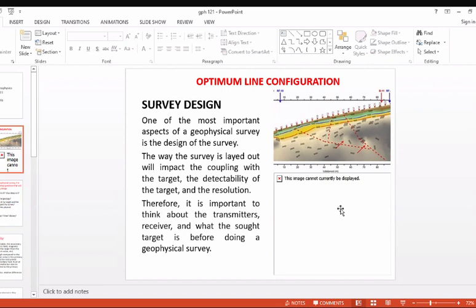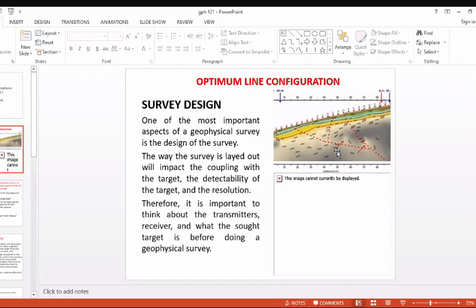Depending on what we want to obtain in the subsurface, that will inform the kind of geophysical tool that we are going to use. So one of the most important aspects of a geophysical survey is the design of the survey. We need to have a proper design of the survey.